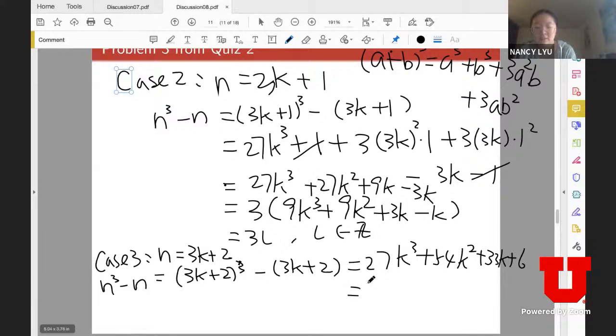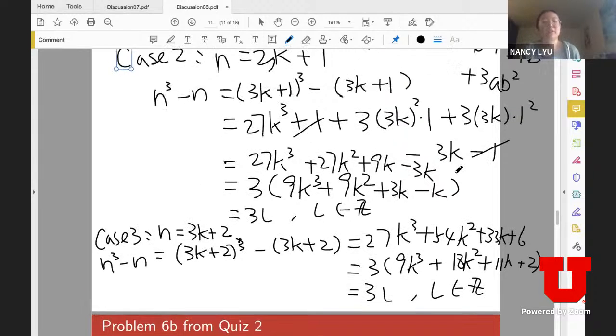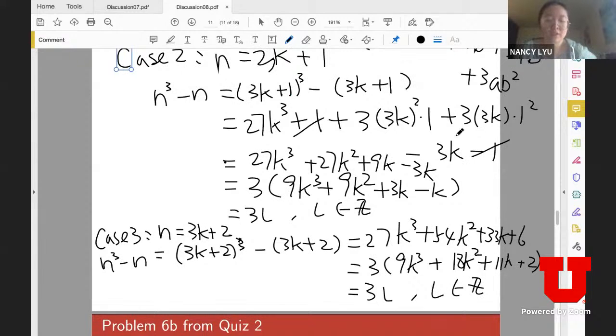Again, we factor out the 3, and that would give us 9k cubed plus 18k squared plus 11k plus 2, which is 3L by closure. And we're done with the proof. Just don't forget to write your conclusion.